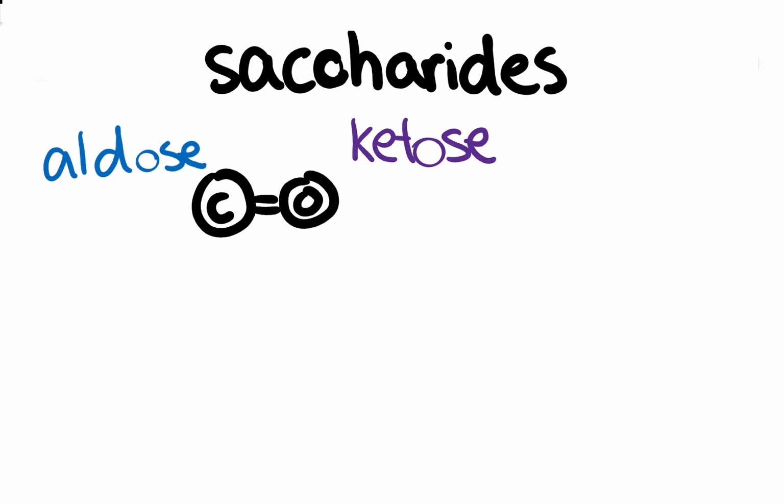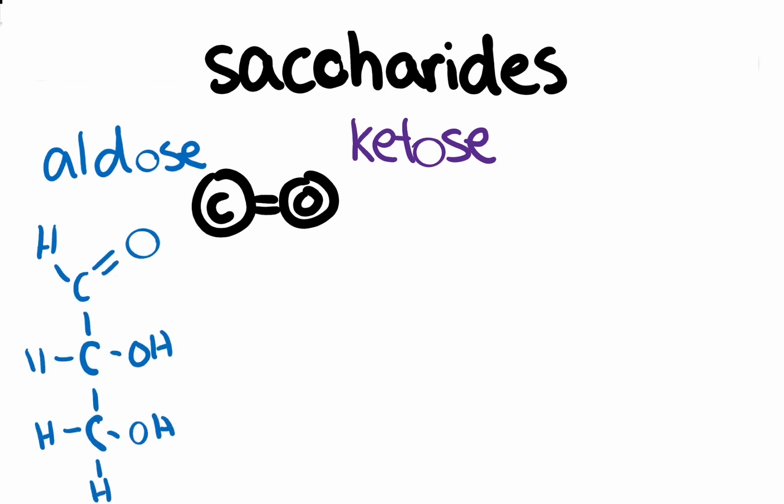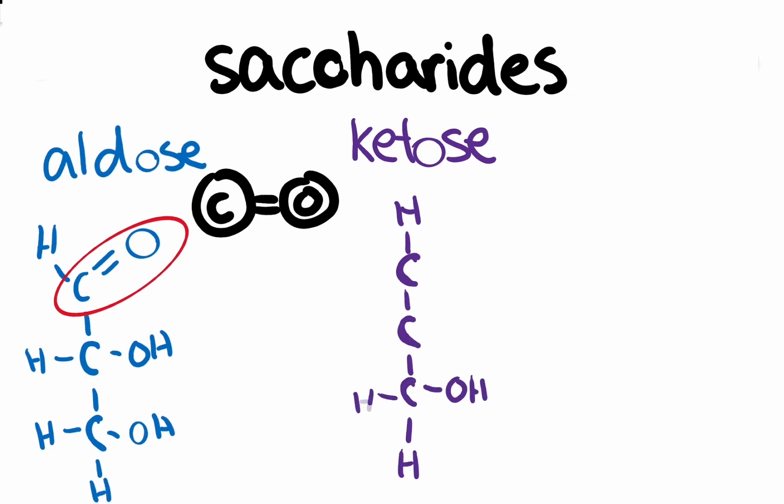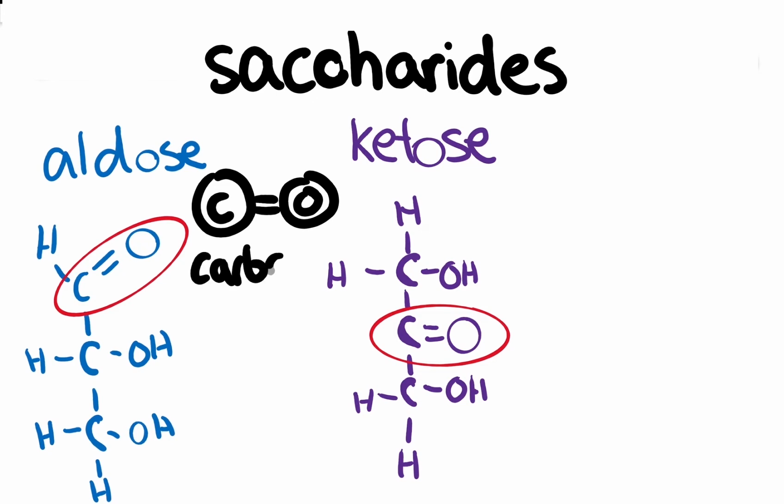And so in an aldose sugar, you have the carbonyl group at the end, while in a ketose sugar, its carbonyl group is found in the middle. And so this is the difference between these 2 subclasses of the sugar. And let's write out how to spell carbonyl.